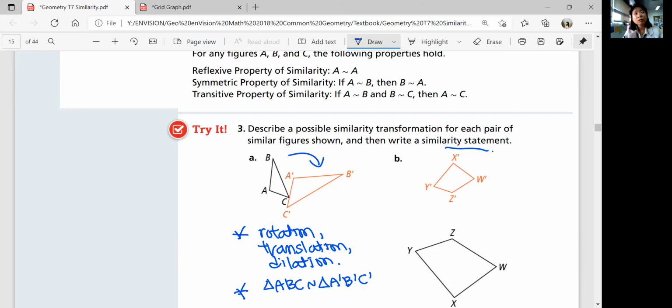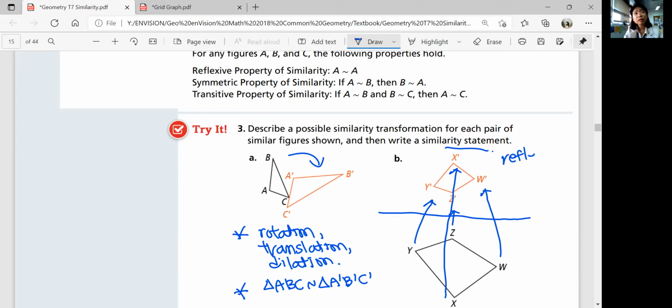So part B, how can you describe it? Looking at the orientation, which points are corresponding to which point? Y corresponds to Y prime, Z corresponds to Z prime, W to W prime, and X to X prime. Z was on the top in the pre-image, and now it's on the bottom. So what can you say? This involves a reflection over the horizontal line.